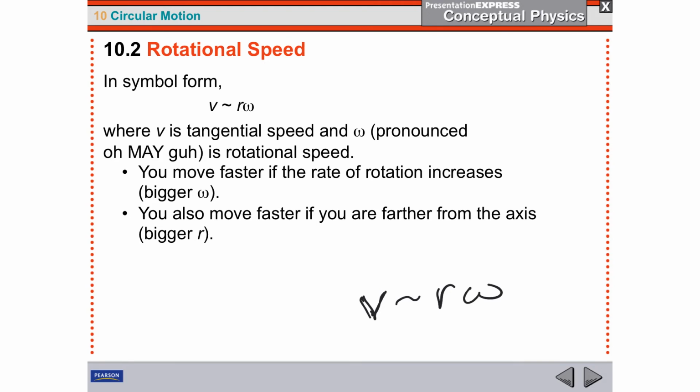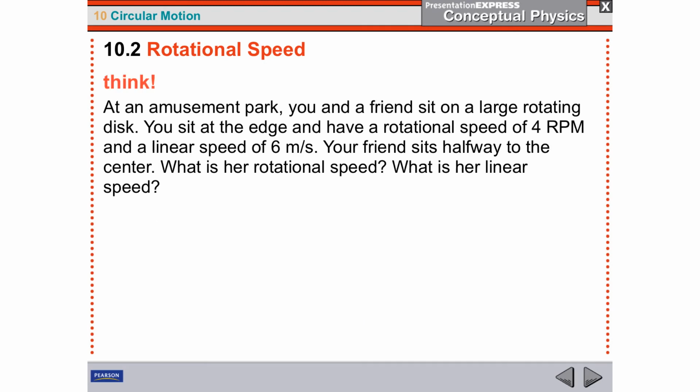So the whole disk is spinning at so many revolutions per minute, or cycles per second, going around how many times in a certain amount of time. The number of complete circles in one time, that's omega. And then your radius is how far you are from the center. So the velocity is going to be proportional to that.